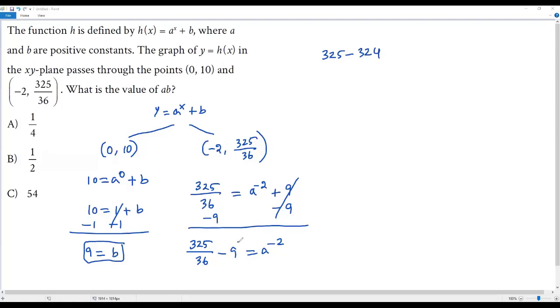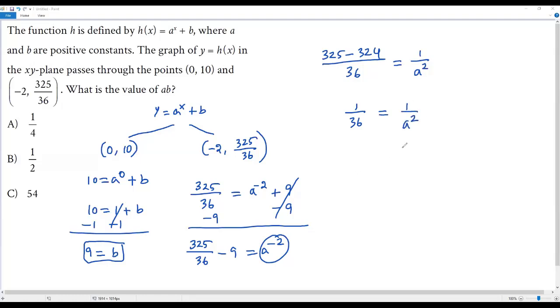So 325 minus 324, all over 36, equals a to the negative second power. This a to the negative second power can be written as 1 over a squared. When I subtract 324 from 325, I get 1 over 36 equals 1 over a squared.